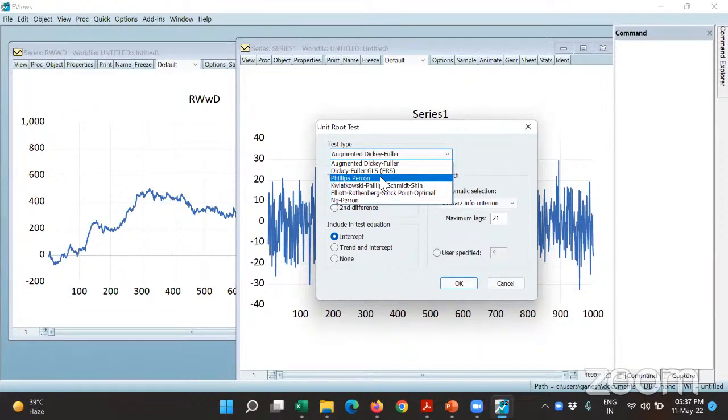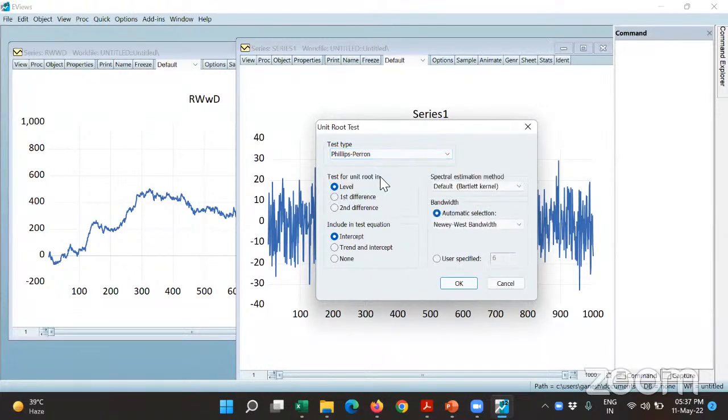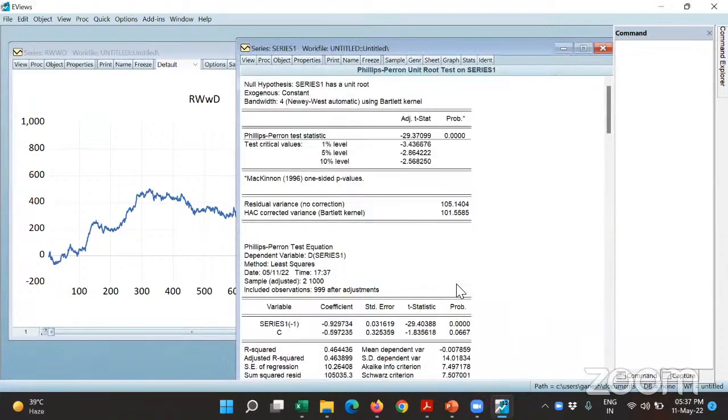But if you are not sure about it, of course you have the Phillips-Perron to be used at the first stage itself. So I go for the Phillips-Perron test, and let me come back to these one by one. I'm just testing it at the level, I simply press OK, and I generate my test results.